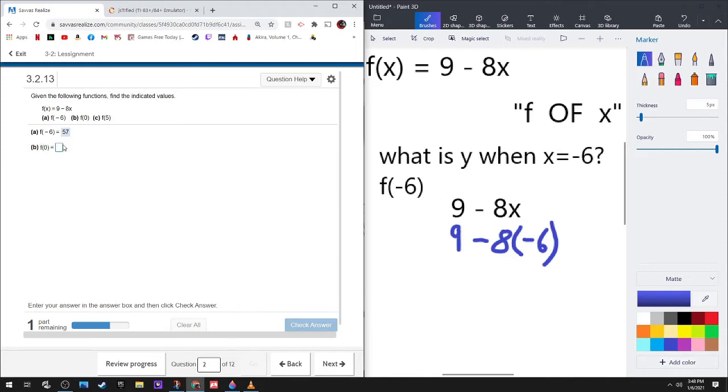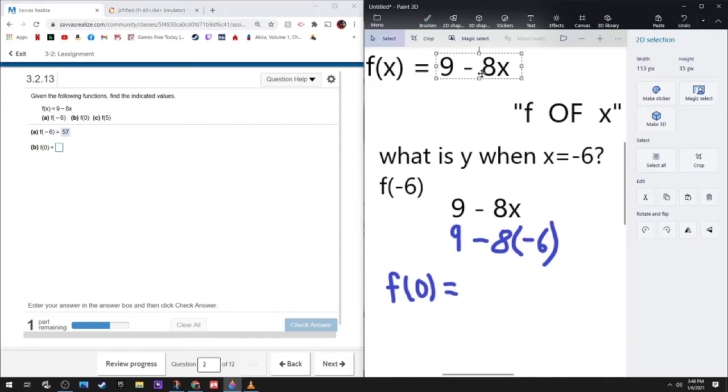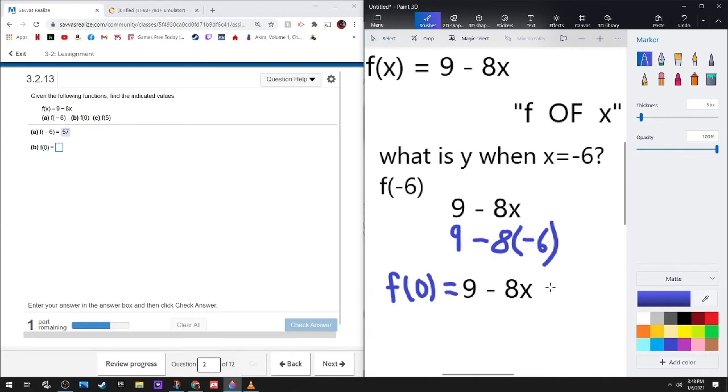So what about f parentheses 0? Well, remember, that just means f of 0. That's how we pronounce it, sorry. And all you have to do there is take this same thing again, but instead of x, we're going to plug in 0 where x used to be. 9 minus 8 times 0.